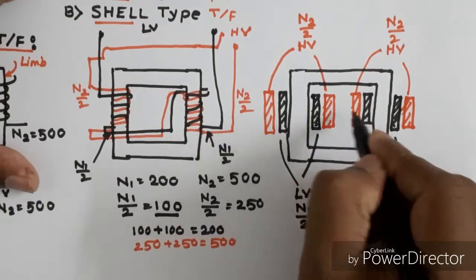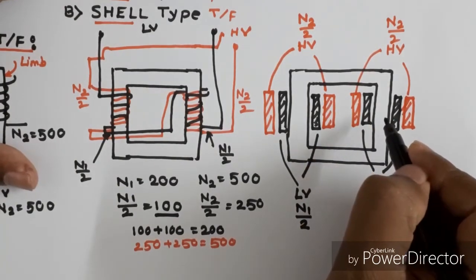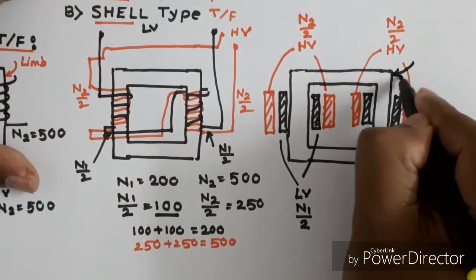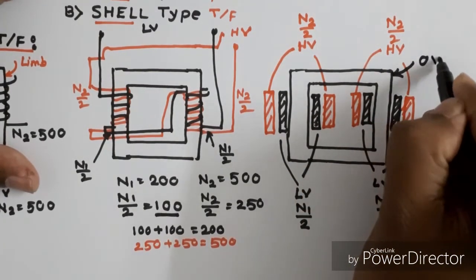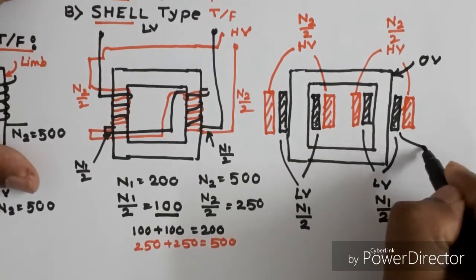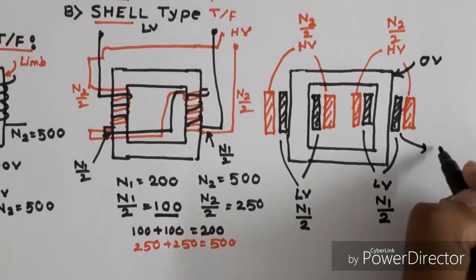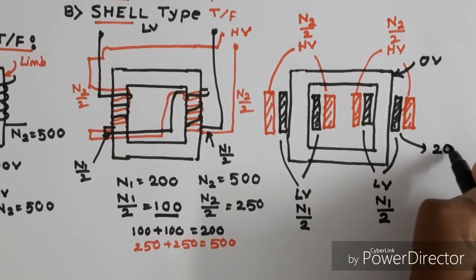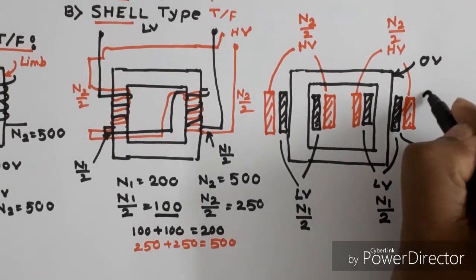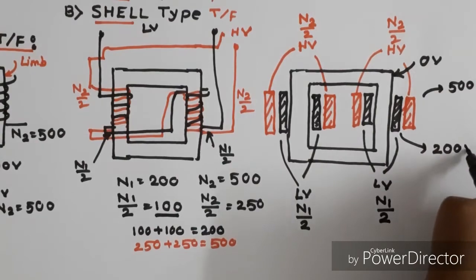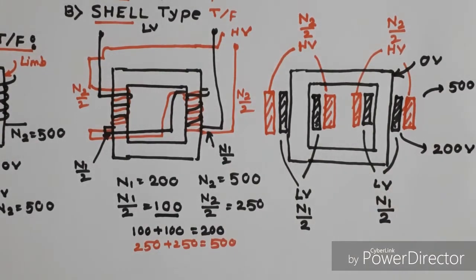Whenever winding is placed, there is a potential difference. The core has zero potential, suppose 0 volt, and the LV is at 200 volt, or the HV has a 500 volt potential difference.